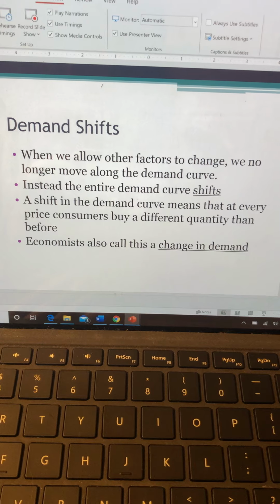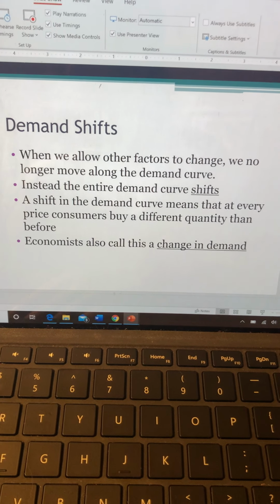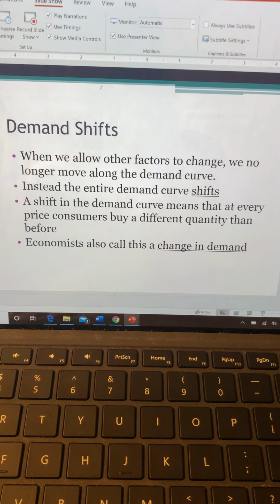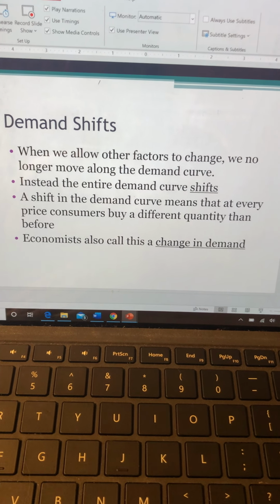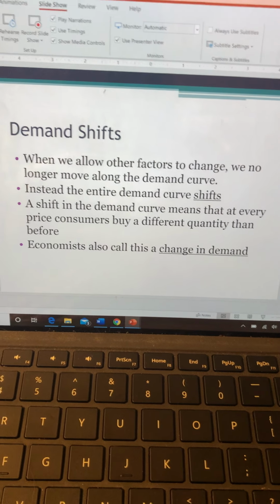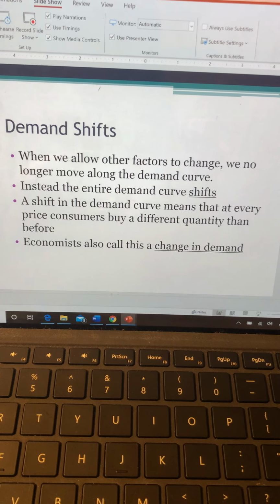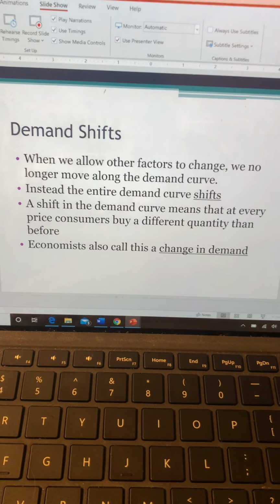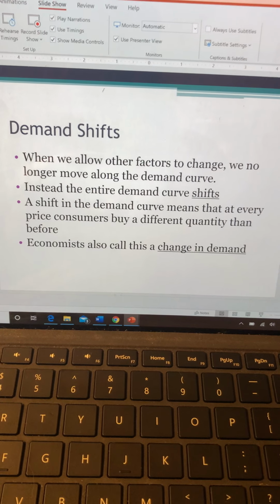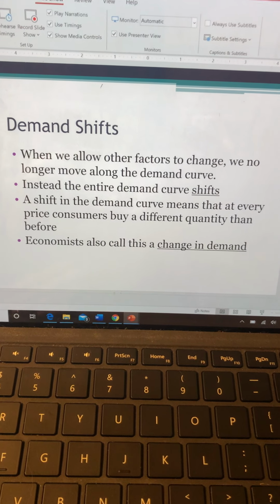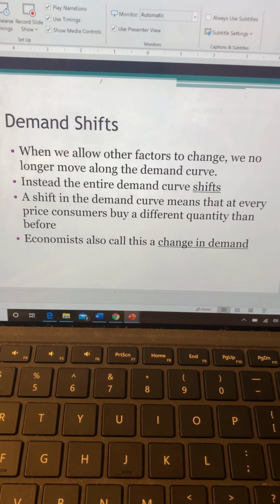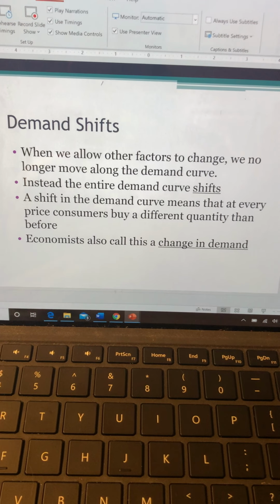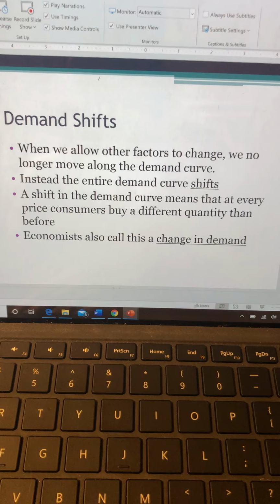So when we allow other factors to change, we no longer move along the demand curve. Instead, the entire demand curve shifts. If we have one demand curve in place for the price and quantity of slices of pizza, and then another factor is thrown into the mix, the curve shifts. You can no longer look at your original demand curve.